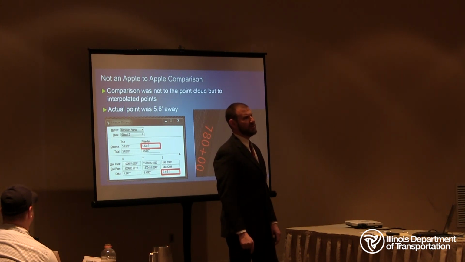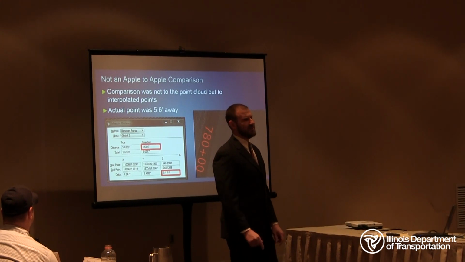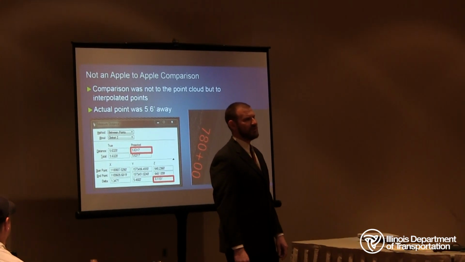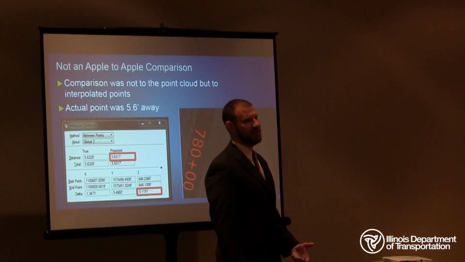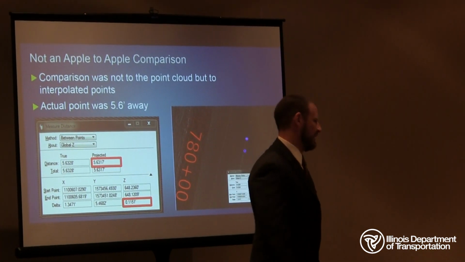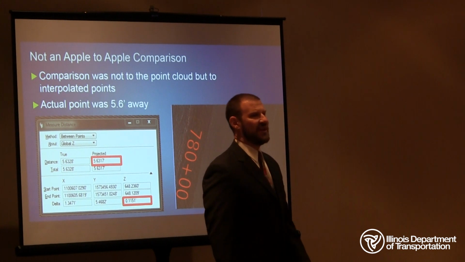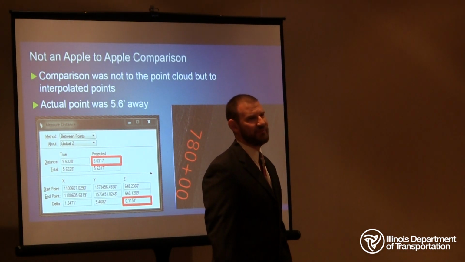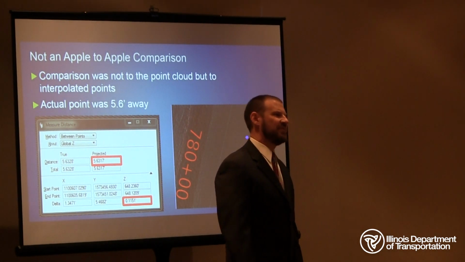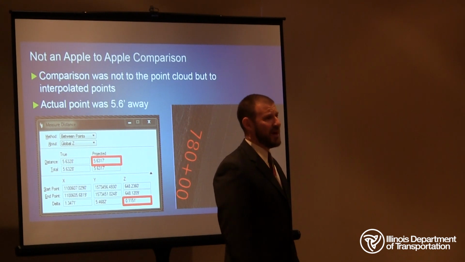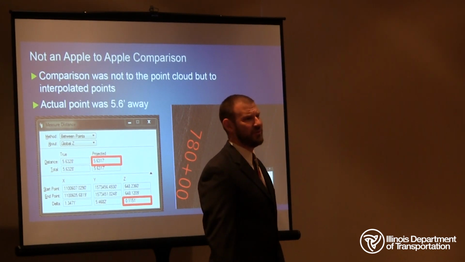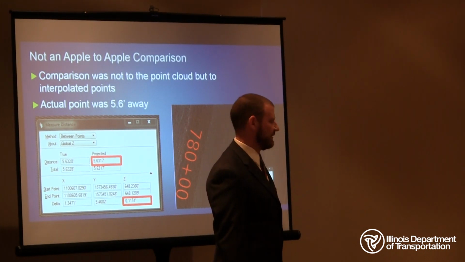So what they were doing was comparing an extrapolated point versus the conventional survey shot point with the actual point cloud point. I noticed right away that the difference between those two points was a little over 5.5 feet. For the engineers in the room, 5.5 feet at 2% is about 11 hundredths. So that could be the error measurement right off the bat.